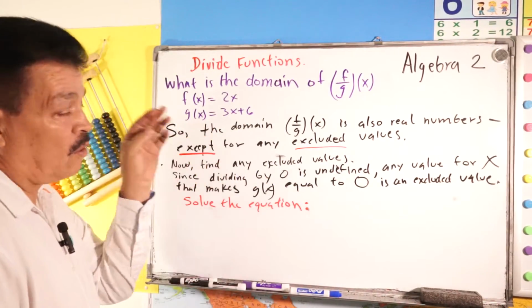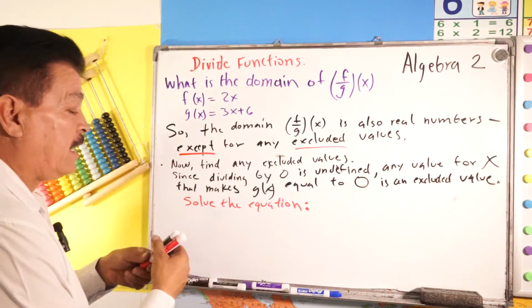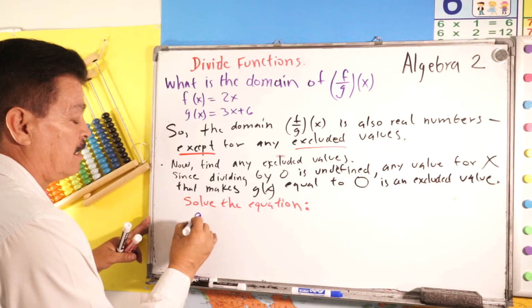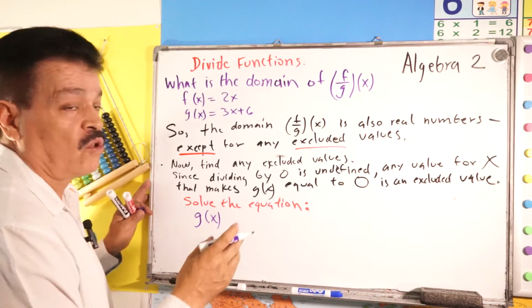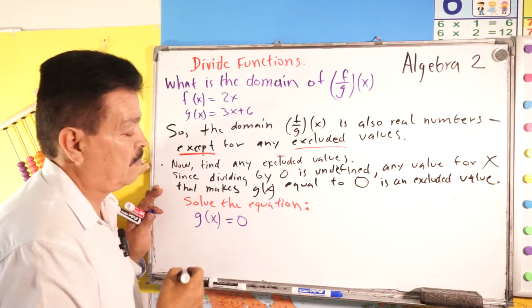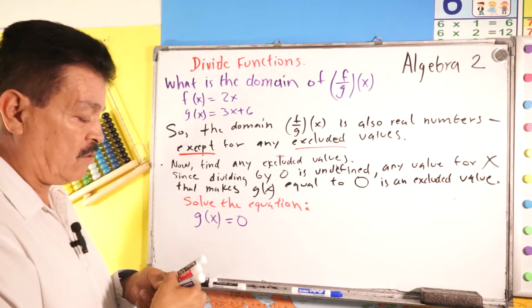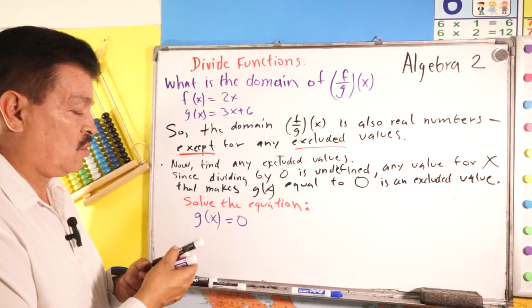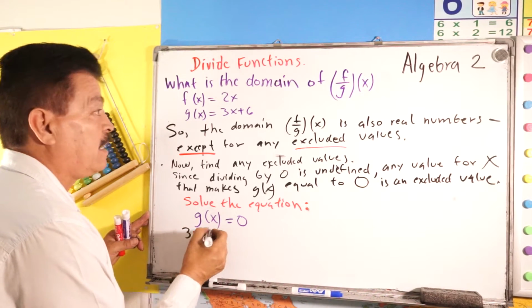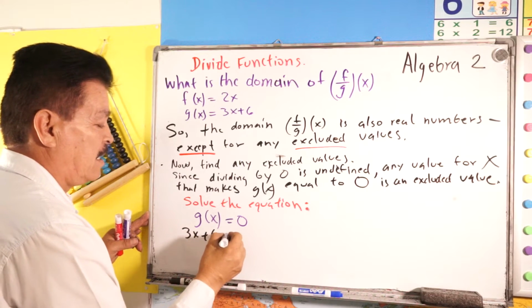Now we solve the problem. g(x), as I told you, must be 0. So g(x) equals 0.